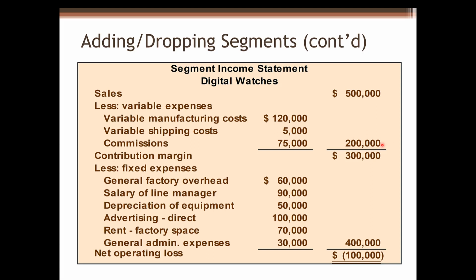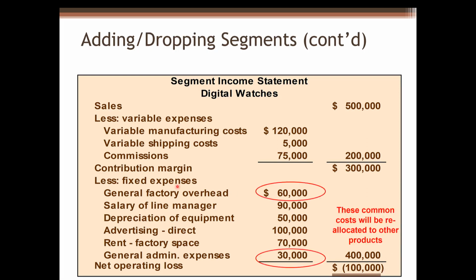We subtract the total variable expenses from sales, and we get contribution margin $300,000, minus fixed expenses, including general factory overhead, salary of a line manager, depreciation of equipment, advertising, rent, and general administrative expenses. We get a net operating loss of $100,000.